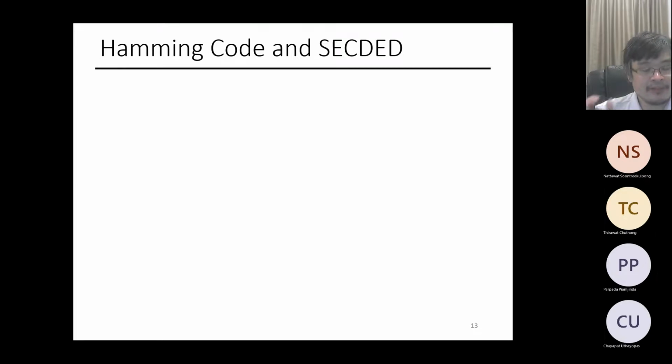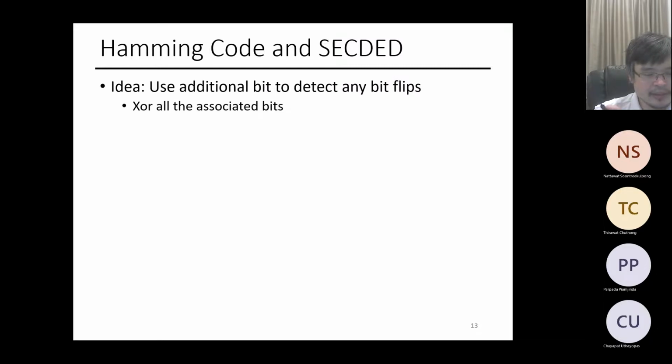This is one of the basic schemes that, I guess, if you do a computer engineering undergrad degree, SECDED is something that should be covered, right? Basically, the idea is I will add additional bits to detect the bit flips, and the purpose of those additional bits is to XOR the data bits so that you encode the data with the ability to detect errors.